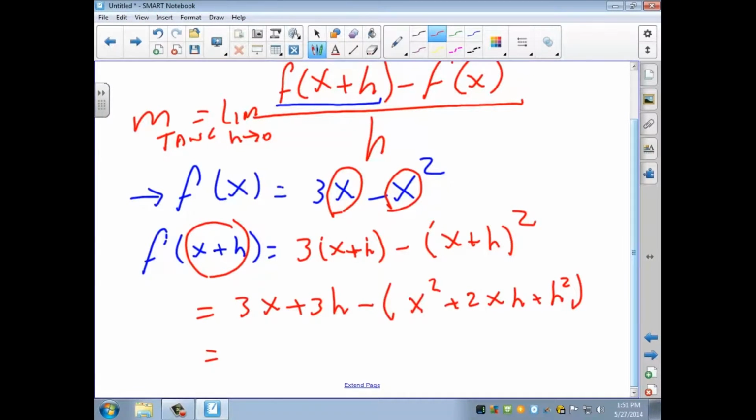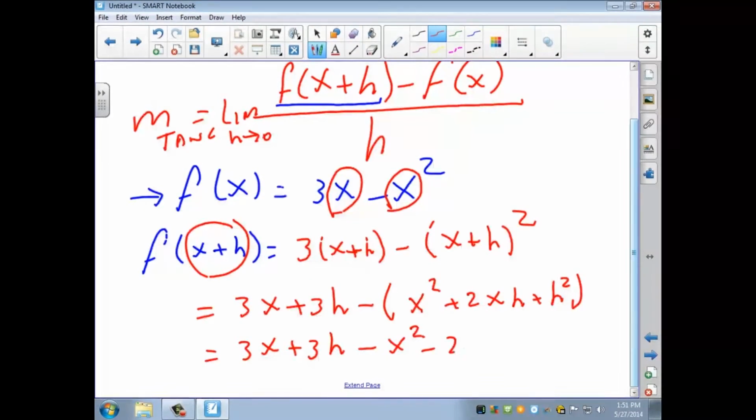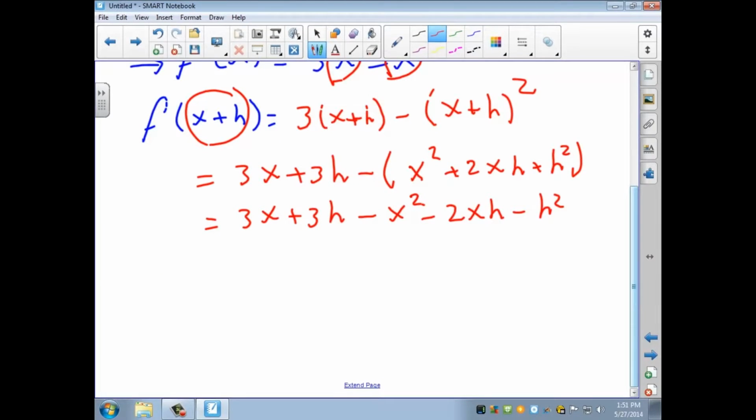Then therefore it would be 3x plus 3h minus x squared minus 2xh minus h squared. Therefore, that is f of x plus h.